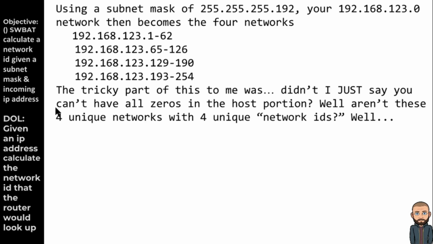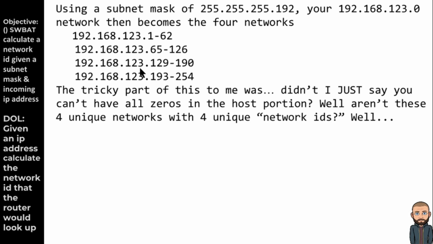Right here, I'm saying that the tricky part of this, to me at least, was I just didn't get how a network ID is supposed to have all zeros, and then here a teacher is telling me that 192.168.123.64, right, the number right before this in the range, how is .64 a network ID?